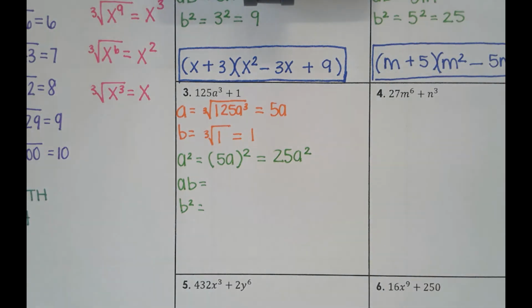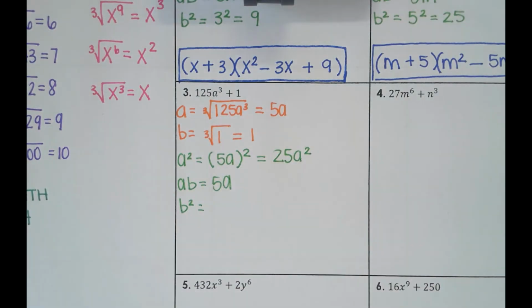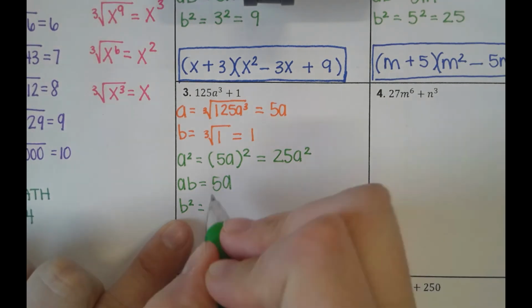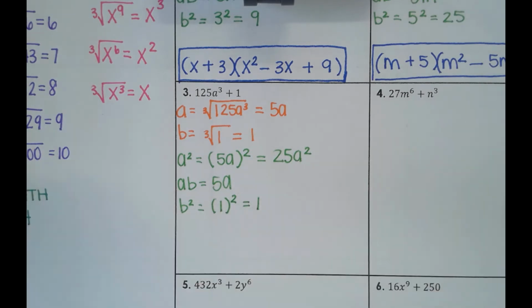What is 5a times 1? A times b. It's 5a times 1. 5a. Come on. And then my b squared, that's 1 squared, which is 1.